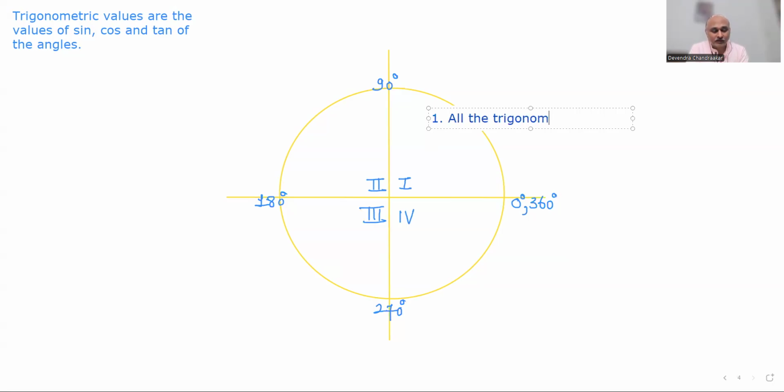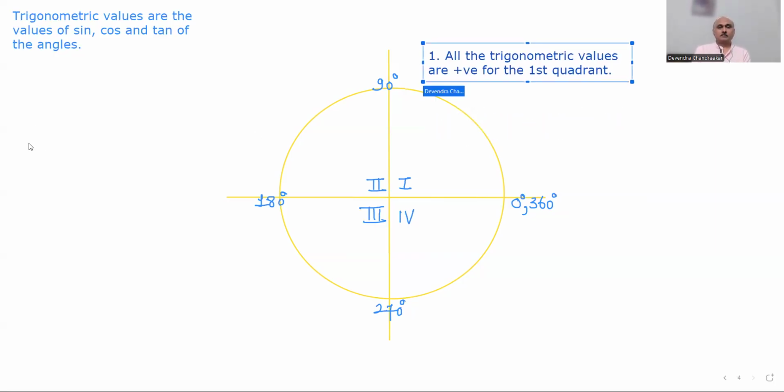So the rule for the first quadrant is all the trigonometric values are positive for the first quadrant. So what does this mean? The meaning is sine 30 degrees, the value will be positive.